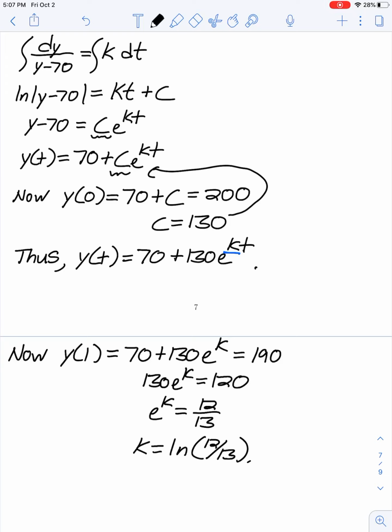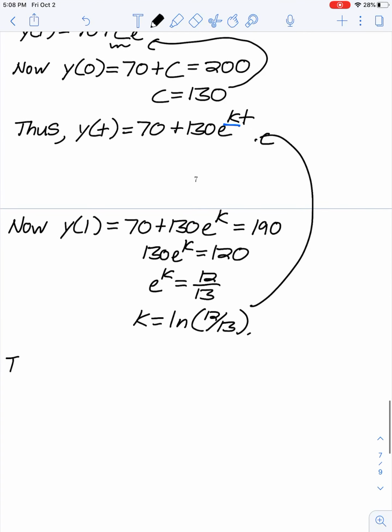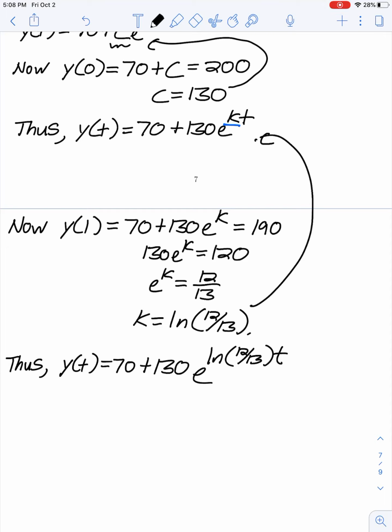Now once I have that value of k, I can take it and substitute back into the equation for y, and we have the following. y of t is given by 70 plus 130 times e raised to the k, which we found to be the natural log of 12/13, times t.